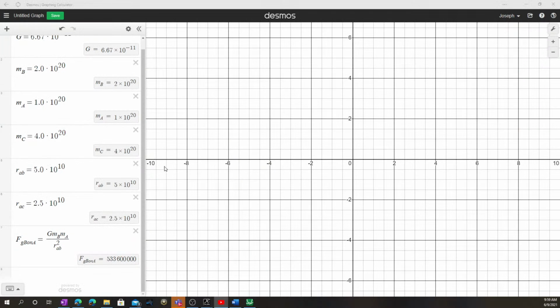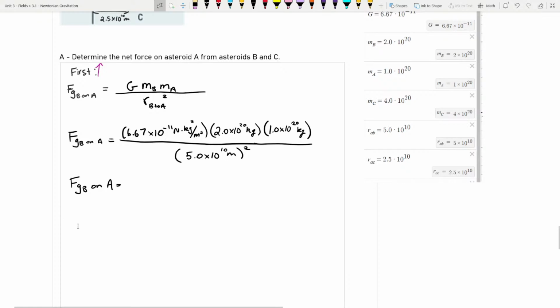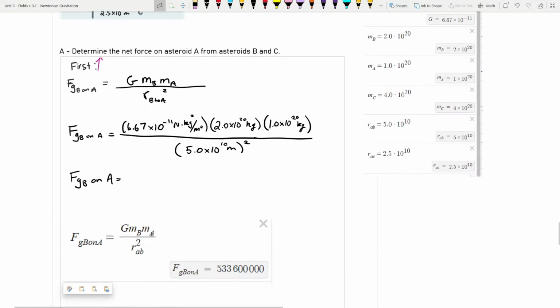And of course, we like scientific notation more than we like that. So we'll say 5.336. We'll keep times 10 to the 6. Right, 1, 2, 3, 4, 5, 6. Oh, 7, 8 times 10 to the 8. Sorry, newtons.